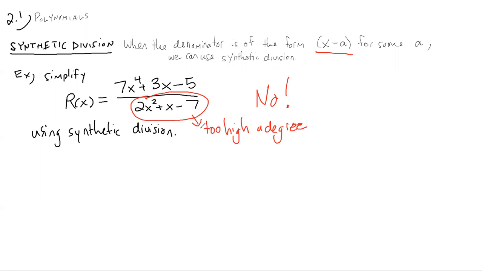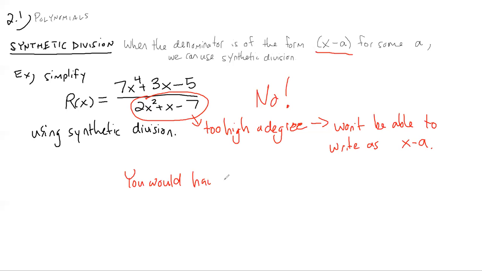So anything higher than that, you won't be able to write it as x minus a. So if you were given something like this and asked to simplify, basically the moral of the story is you would have to use long division, because long division always works.